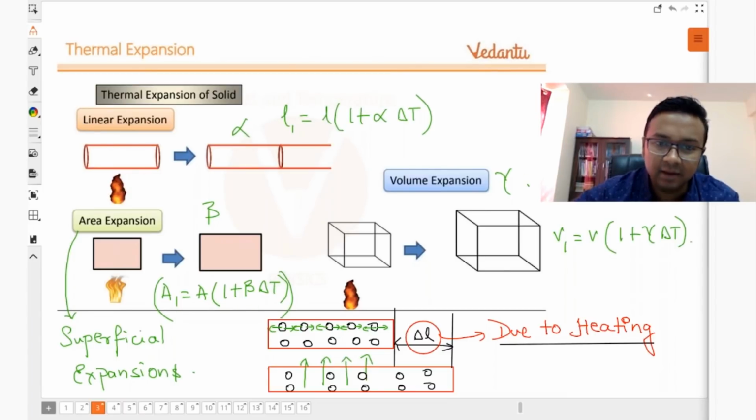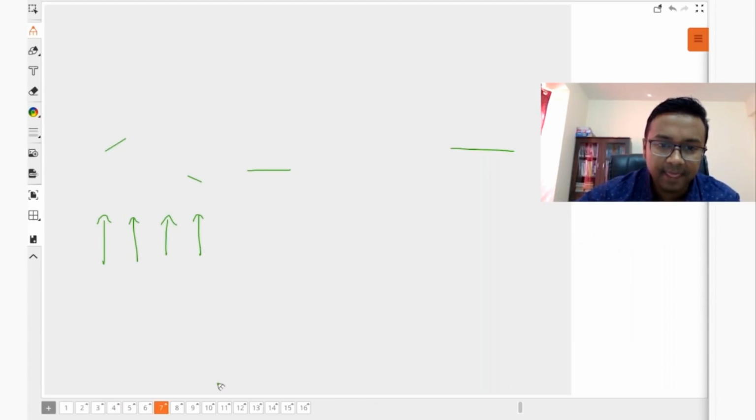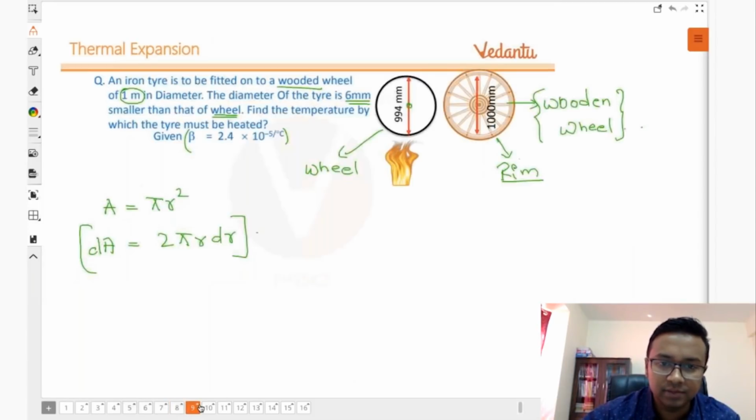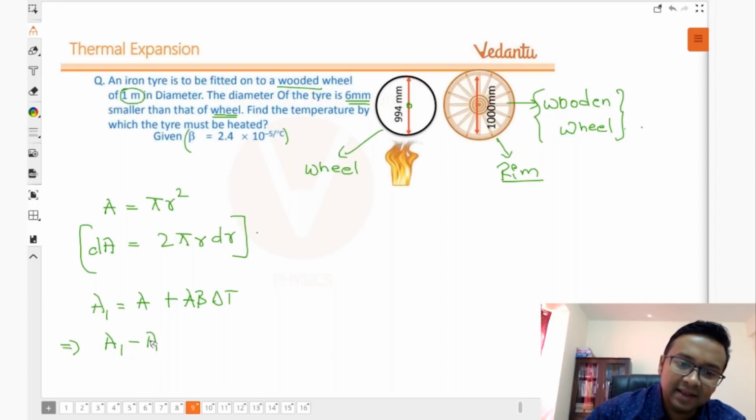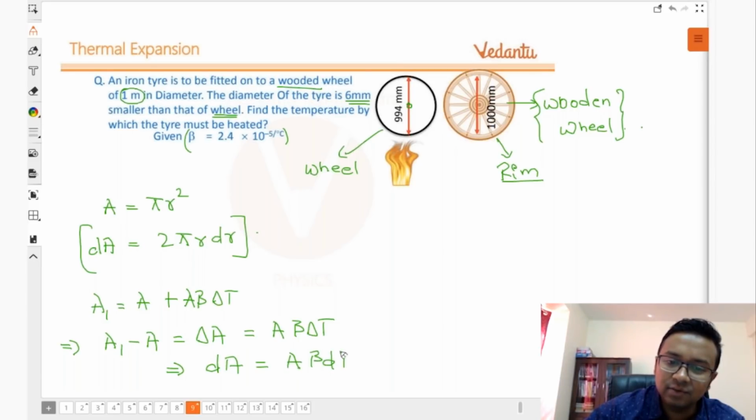From this formula, A1 is equal to A plus A beta delta T. Then A1 minus A, which is the change in area, can be written as A into beta into delta T, which implies dA could also be written as A beta into dT. If there is a small change in temperature, the change in area is going to be very, very small.